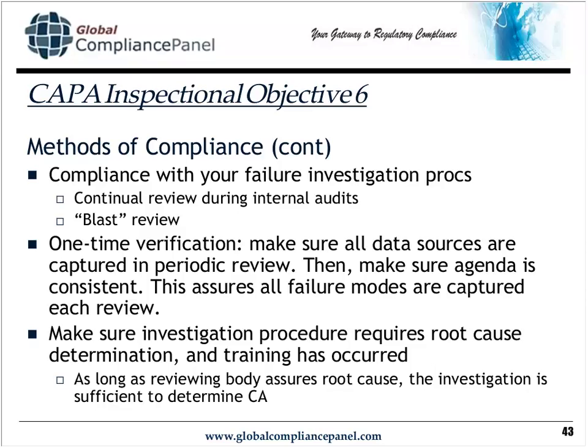And make sure that your investigation procedure explicitly requires root cause determination, not determination of cause, but root cause. And make sure that training on your procedure to determine root cause has occurred.